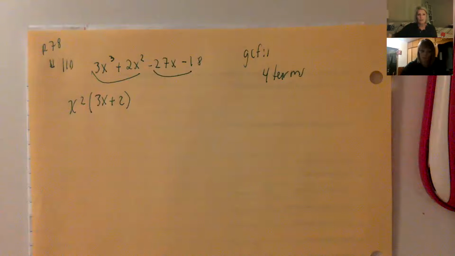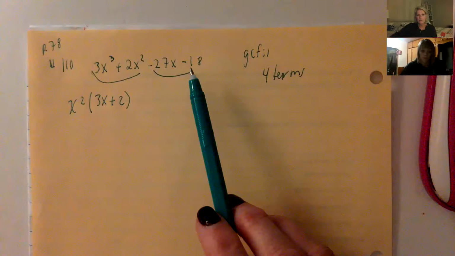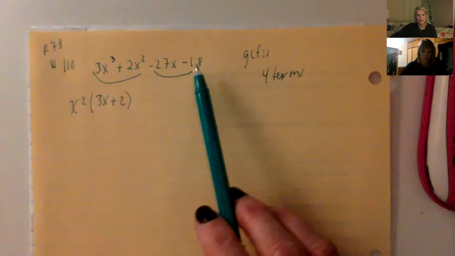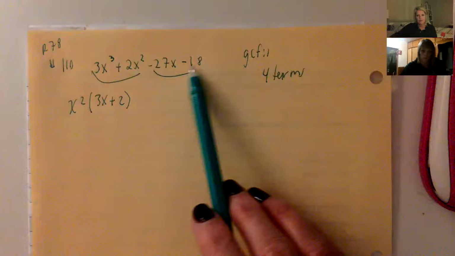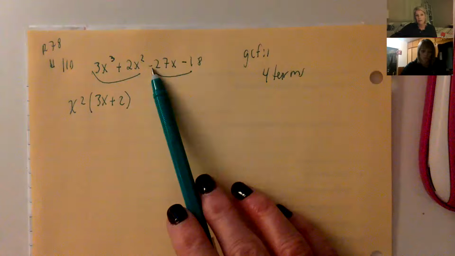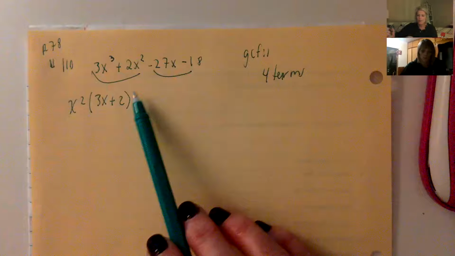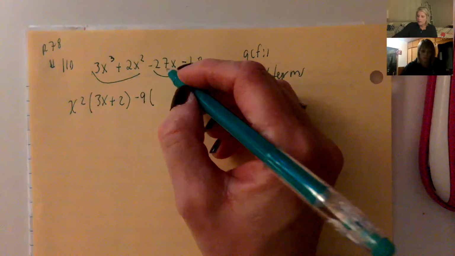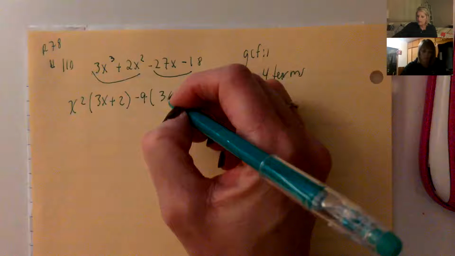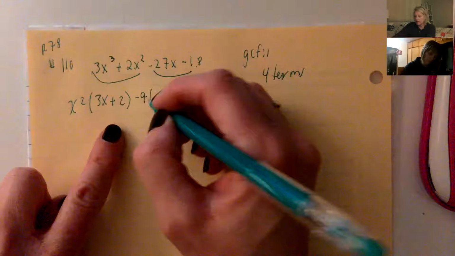Then the second two terms are minus 27x and the minus 18. They have a factor of 9 in common, and it's got to be negative because this is a negative and a negative. So if we factor out a negative 9, 27 divided by 9 gives 3x, and 18 divided by 9 is 2.